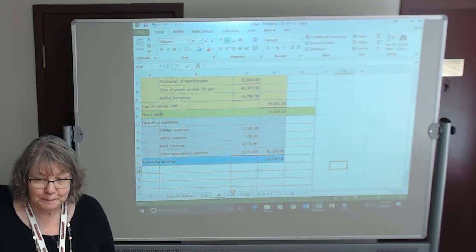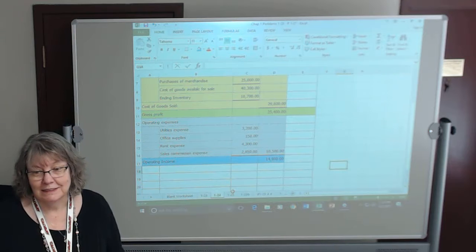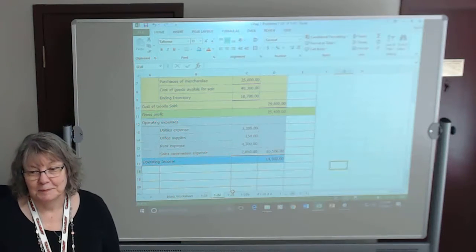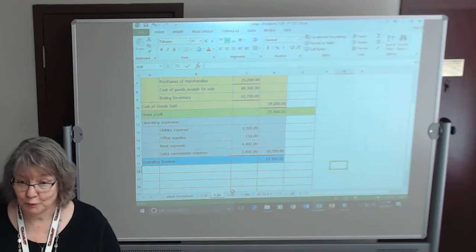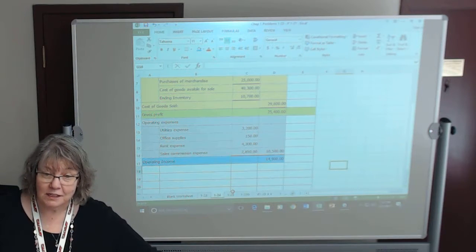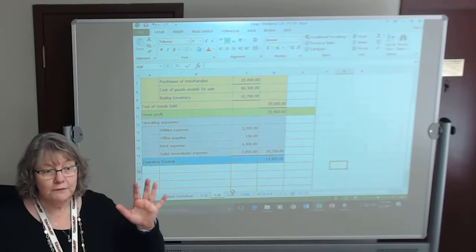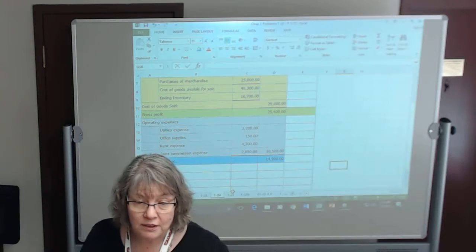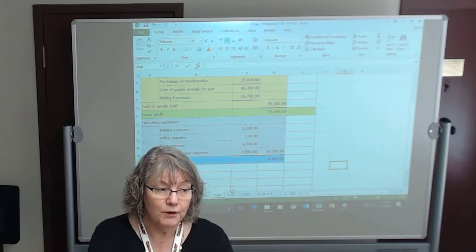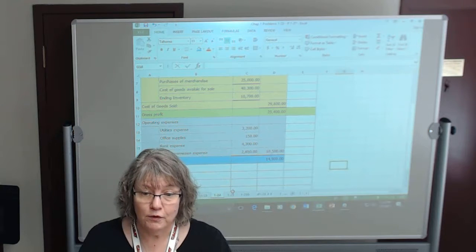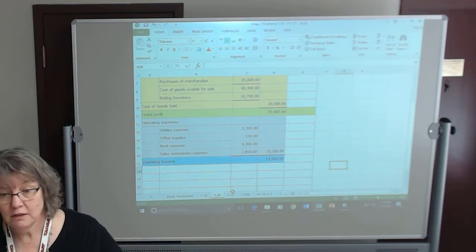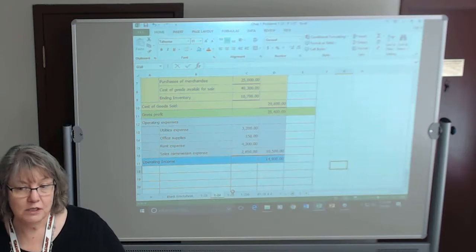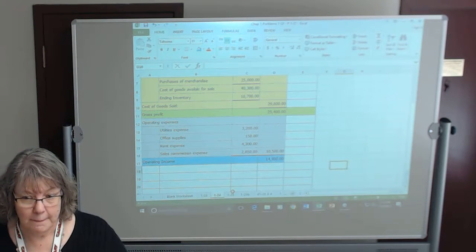Where does that go? It goes into other expenses, because it's sales. If it has to do with the actual manufacturing but isn't figured into the direct, it's overhead. If it has to do with the product outside the manufacturing of it, it goes into other expenses.